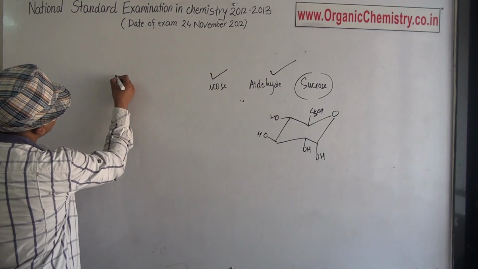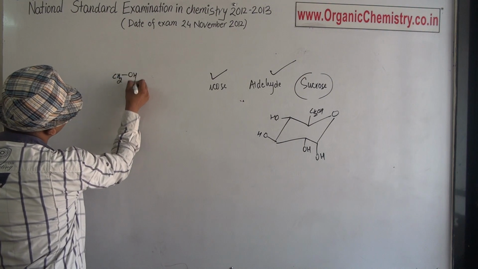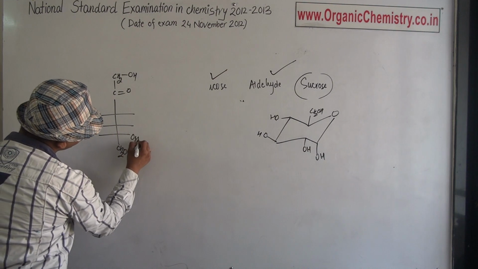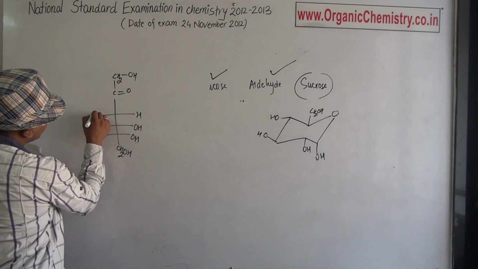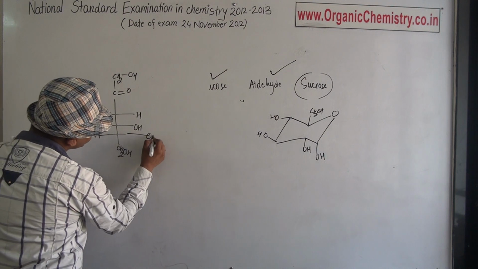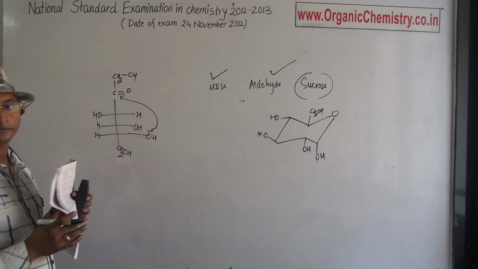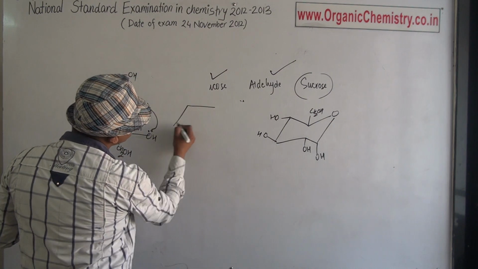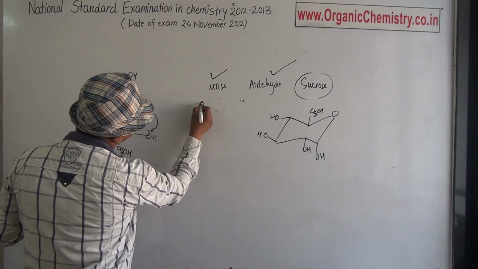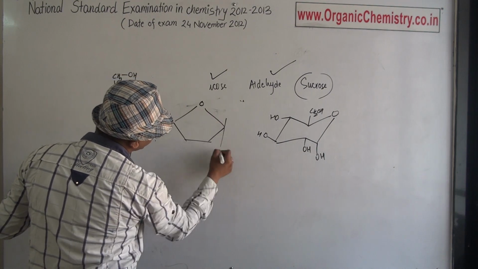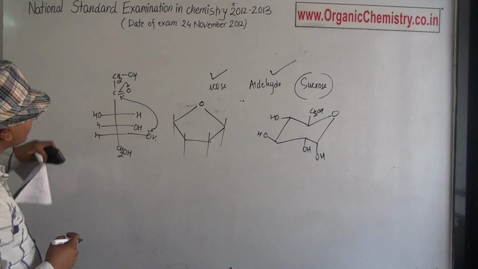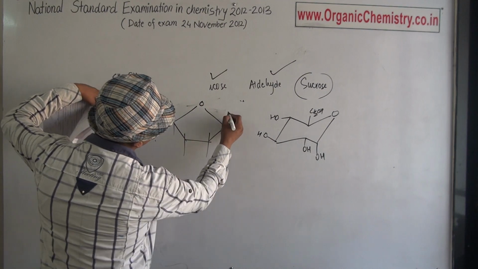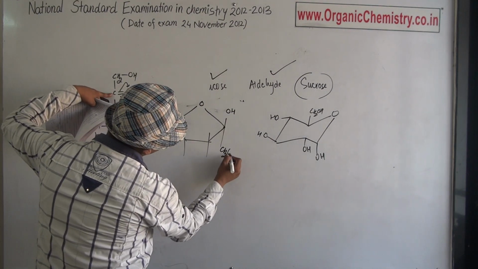And when you make a cyclic structure of fructose, CH2OH, OH, OH, H, OH, H and H, this OH will attack over this carbonyl carbon and break this bond. So this type of cyclic structure is obtained. Here this carbon is attached with OH and CH2OH.